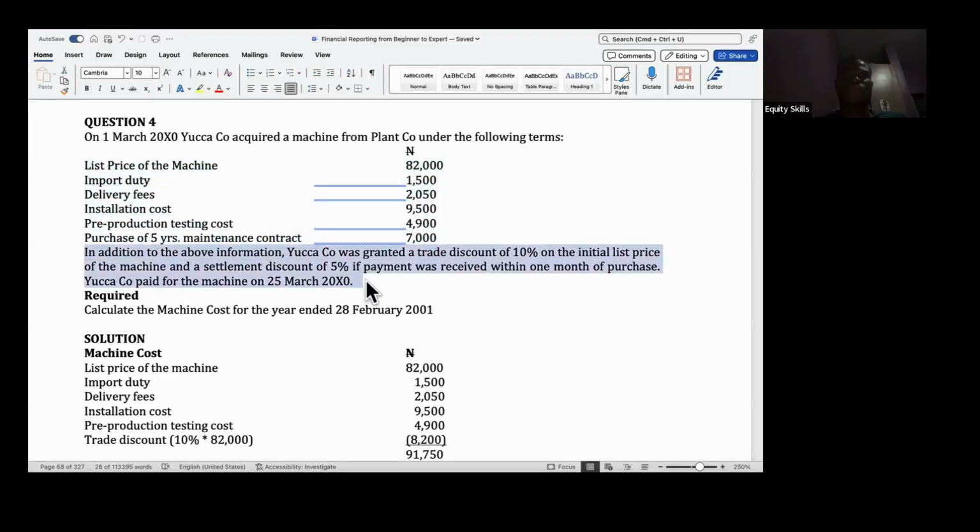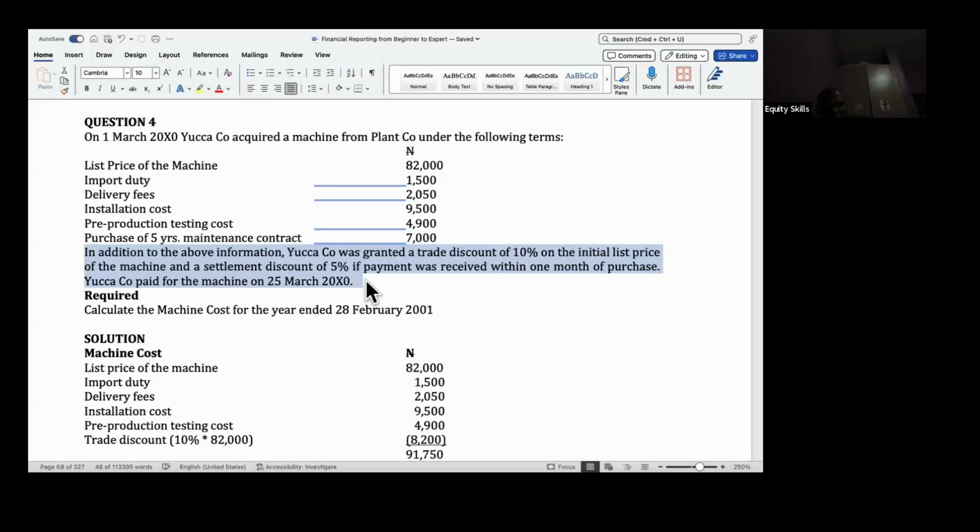We're now told that in addition to the above information, UCACO was granted a trade discount of 10% on the initial list price of the machine and a settlement discount of 5% if payment was received within 1 month of purchase. UCACO paid for the machine on 25th March 2000. Required: calculate the machine cost for the year ended 28 February 2001.